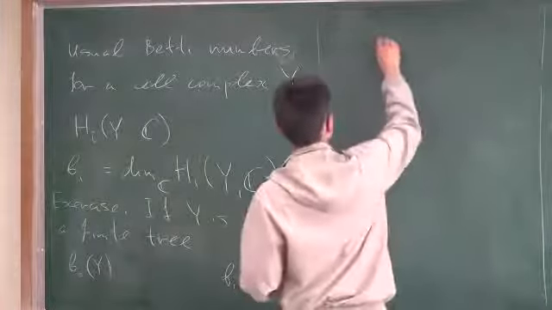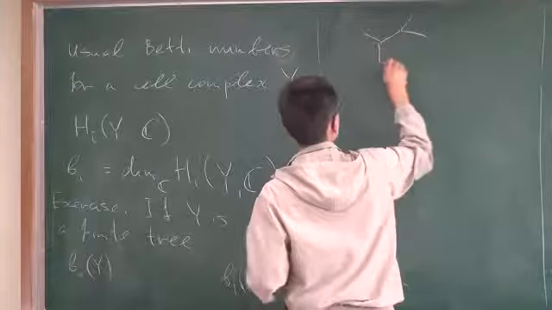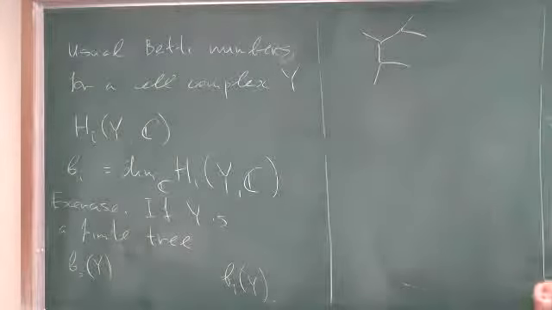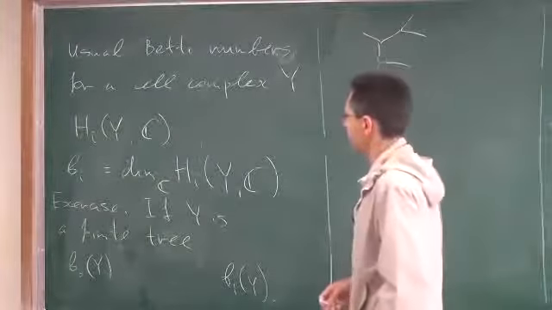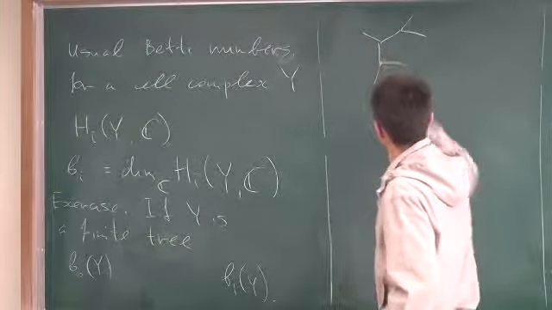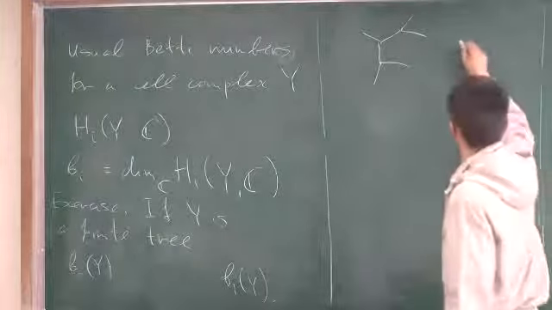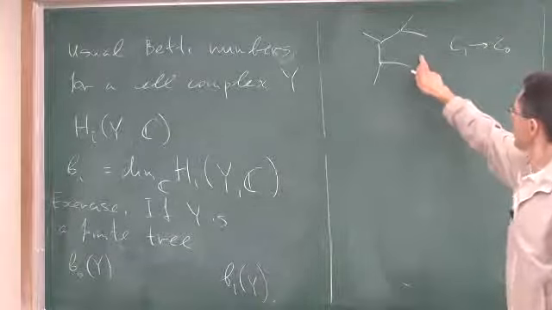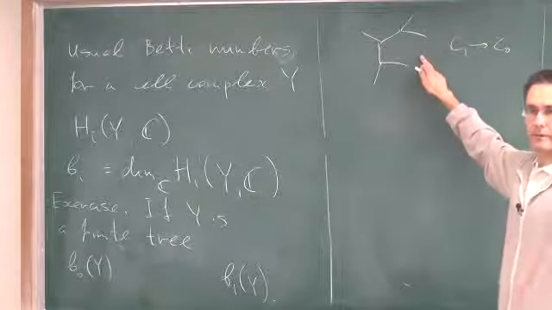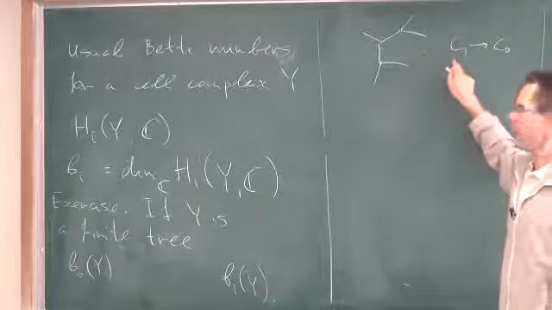So take a finite tree, something like this. What's the usual homology? The usual homology is the kernel of the boundary map, from C1 to C0. C2 here is empty; it's the zero vector space. There is nothing there.